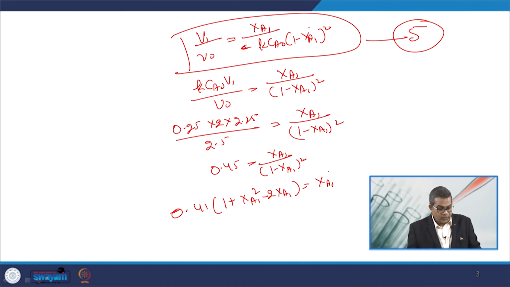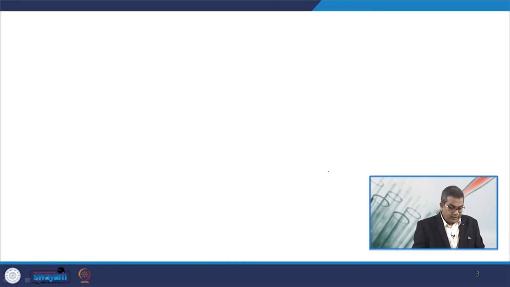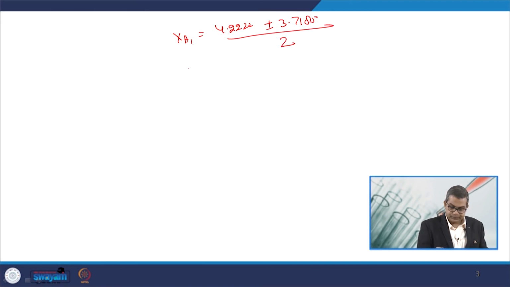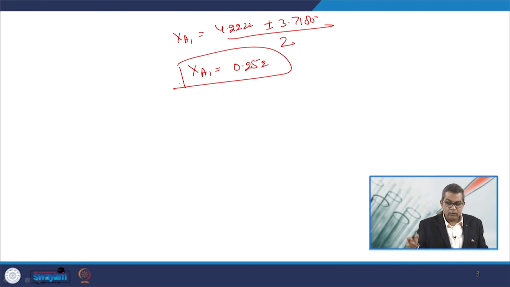And if we calculate this Xa1, we find that Xa1 is equal to 4.2222 plus or minus 3.7185 upon 2, and Xa1 comes out to be 0.252. That is taking the negative sign, because it cannot go beyond 1.